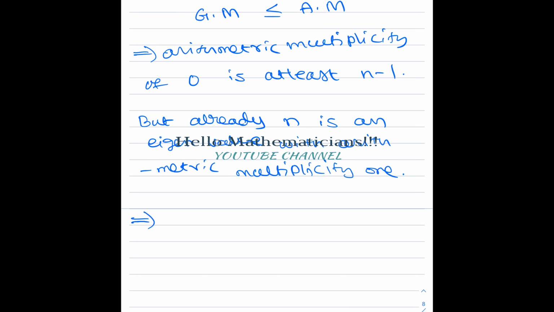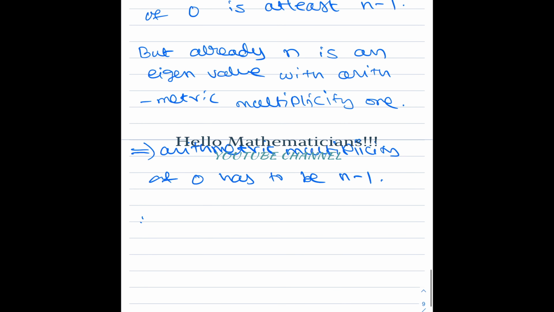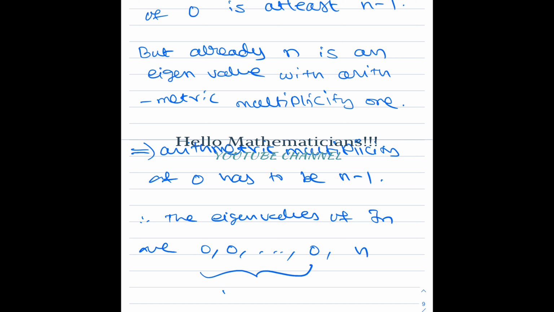This implies that the algebraic multiplicity of 0 has to be exactly n minus 1. Therefore the eigenvalues of Jn are 0, 0, and so on, 0, and n: 0 is repeated n minus 1 times, and n occurs 1 time.